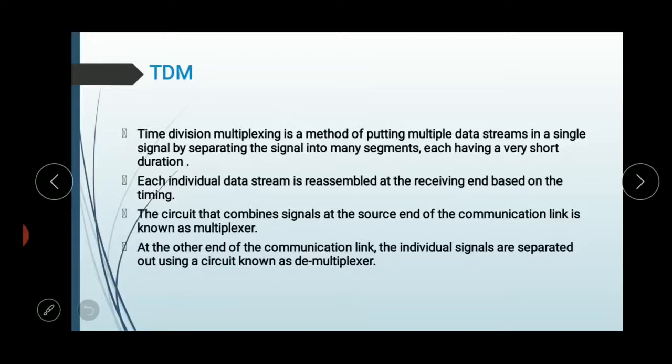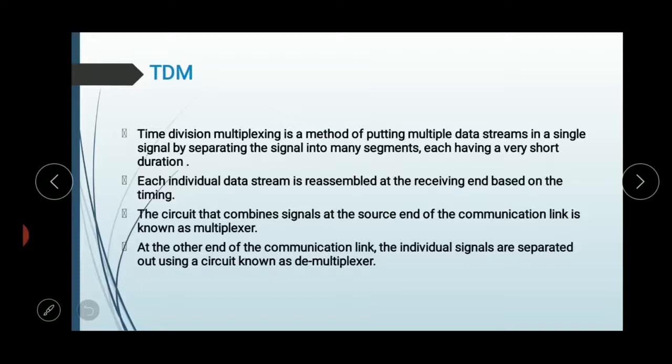The multiplexing technique in which data signals are transmitted over a single channel in different time slots is known as time division multiplexing. In time division multiplexing, the complete channel bandwidth is allotted to one user for a fixed time slot. One may need to differentiate between the various signals for proper data transmission.